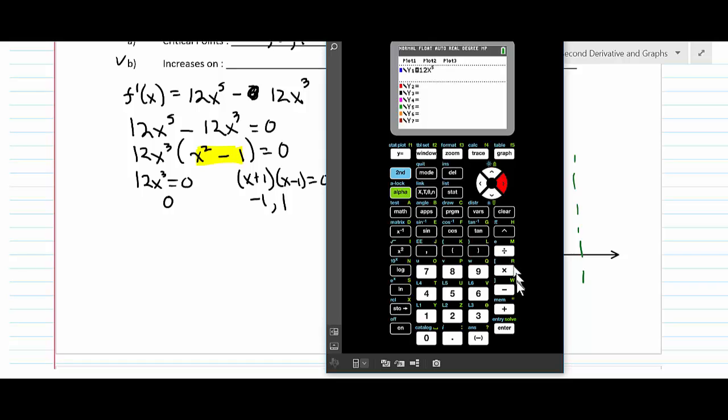Graph it in the standard window if you haven't already done that by now, zoom 6. When this graph comes out, that will give me the sign chart. Now I'm going to change this window a little bit just so I can see it a little better, say -5 to 5 on x. You don't have to, though, because you might have a good enough viewing picture anyway.